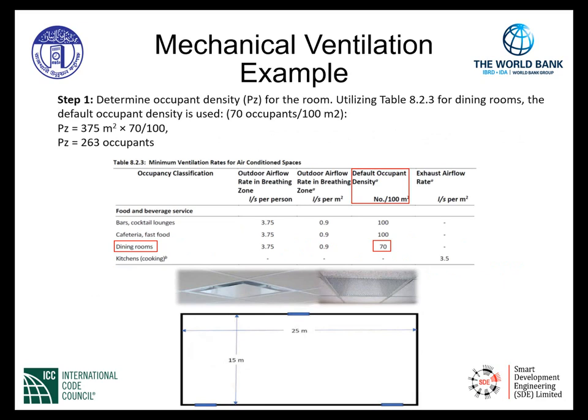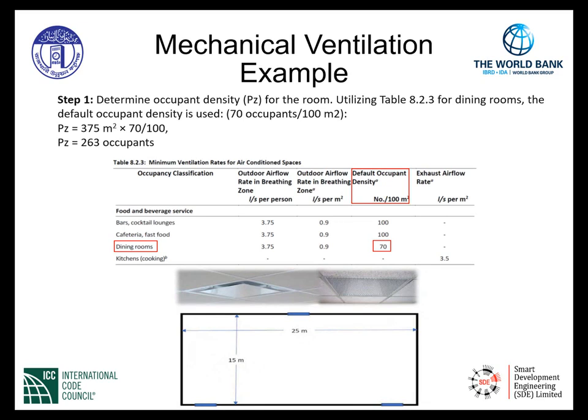Step 1 of our example, we will determine the occupant density, P sub Z, for the dining room. Utilizing table 8.2.3 for dining rooms, the default occupant density is used, at a ratio of 70 occupants per 100 square meters.